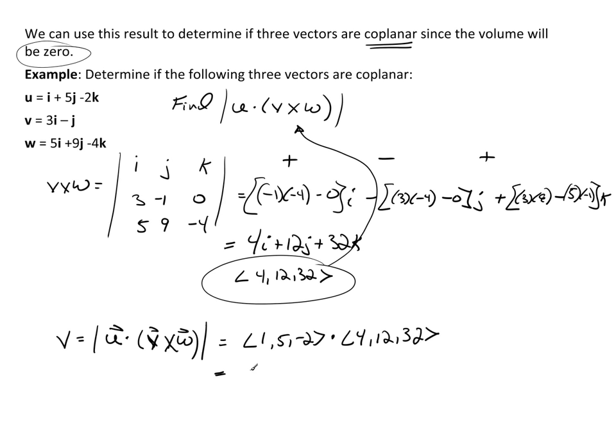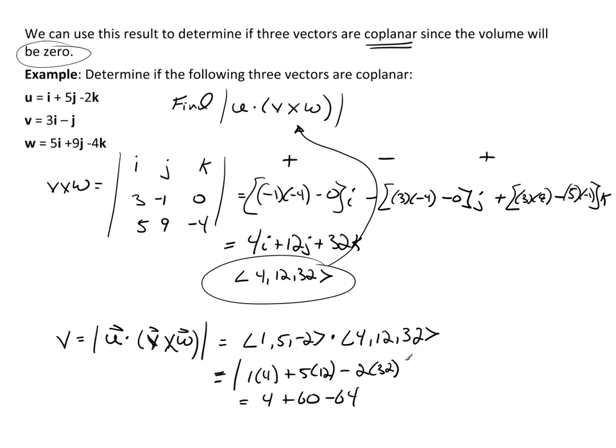That equals 1 times 4 plus 5 times 12 minus 2 times 32, which is 4 plus 60 minus 64.